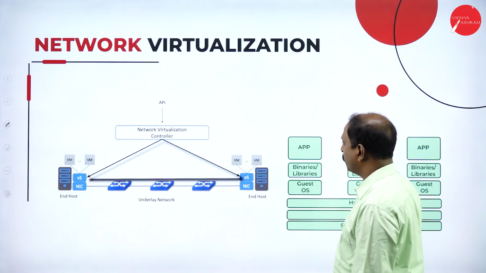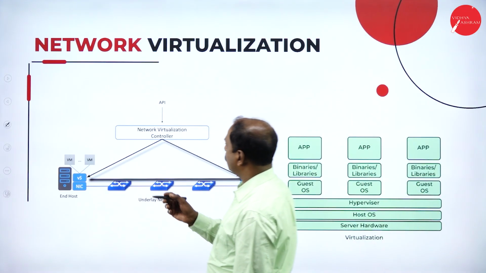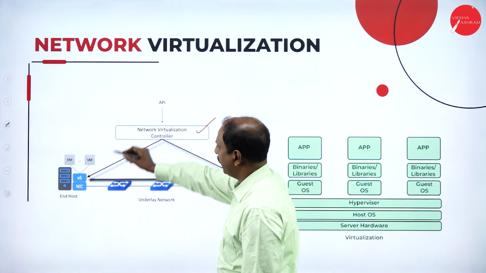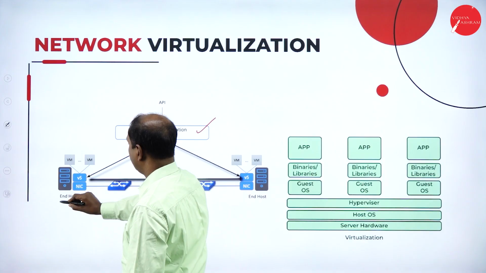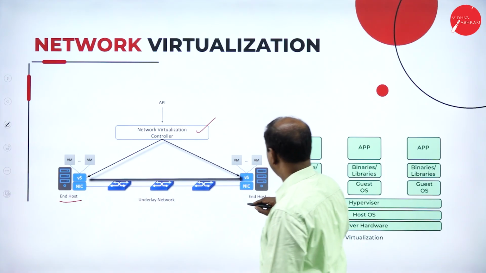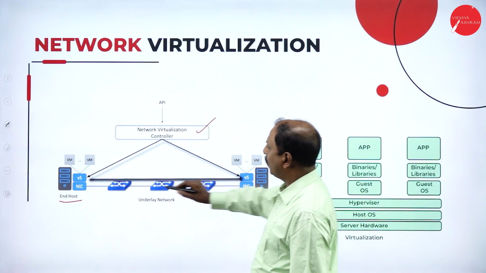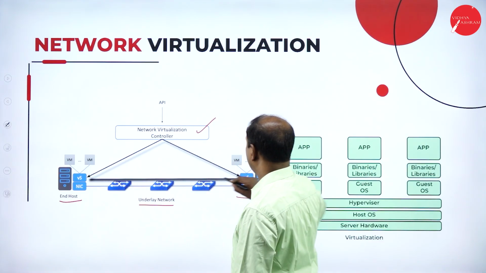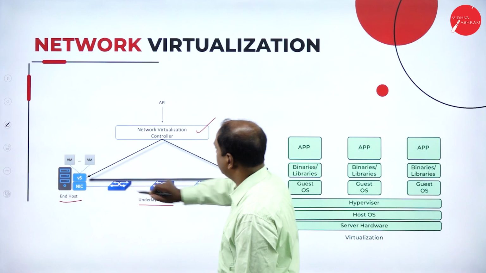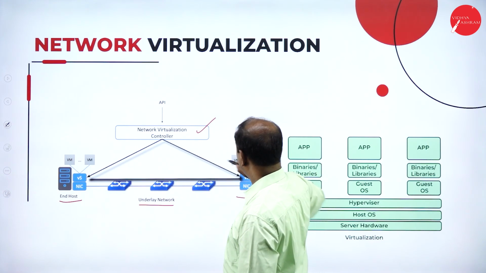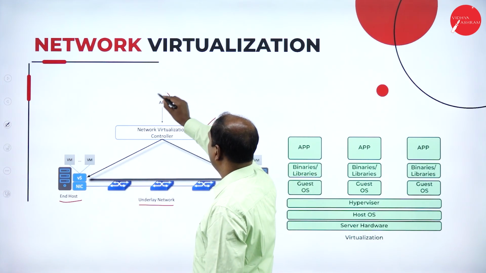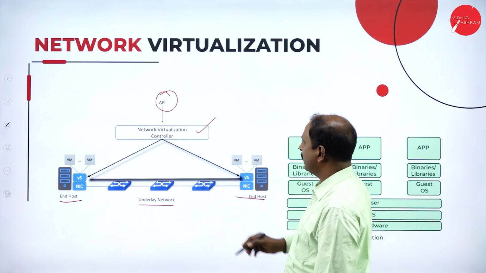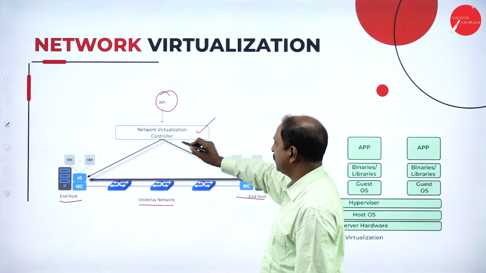Look at one more diagram here. This is the network virtualization controller, and these are all the machines. These are the end hosts, and these are all the underlying network, how the network has been constructed here, and these are managed and accessed through an API, application program interface, and this is the network virtualization controller.